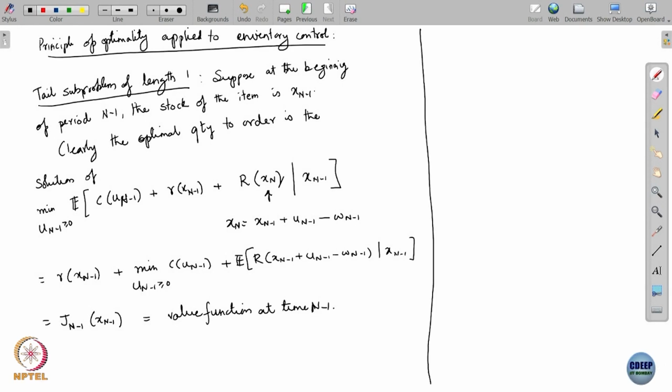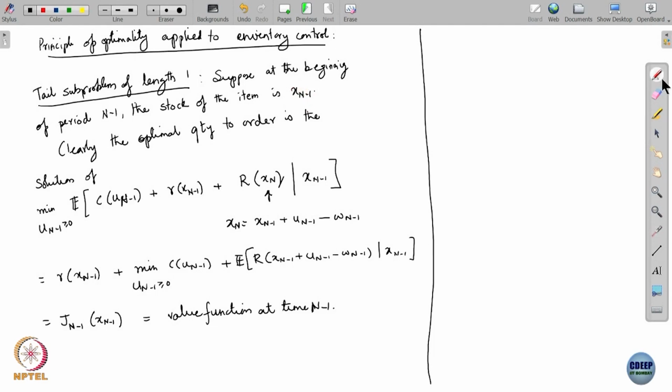Naturally, this is a function of x n minus 1, and the reason is that we started off our calculation saying let the stock be at some nominal level x n minus 1. So, naturally the optimal cost you would incur starting from that level onwards is a function of x n minus 1.